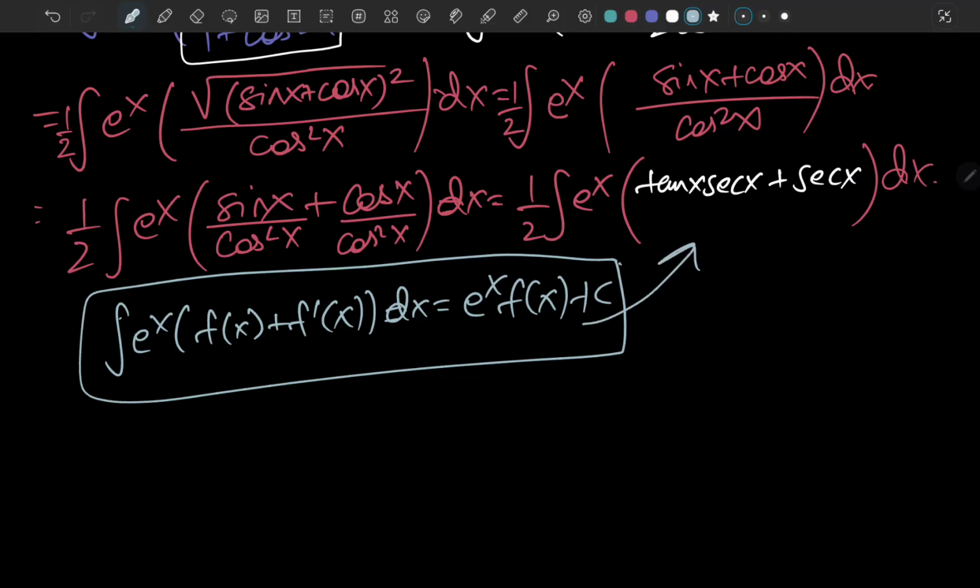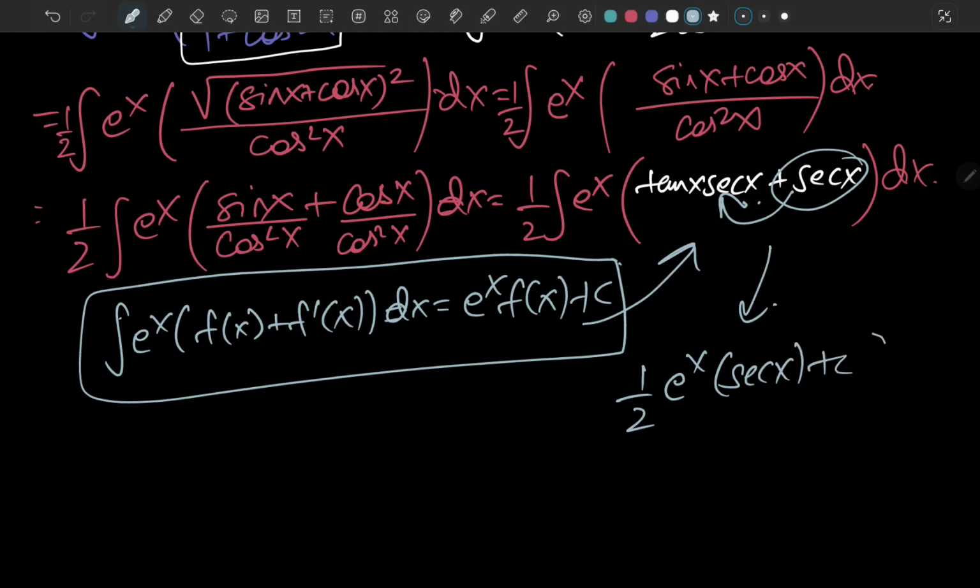Again, we are using that property for this. The derivative of secant x is this, right over there. So 1 over 2, this integral comes out to be secant x plus c. That's it, guys. It was literally easy.